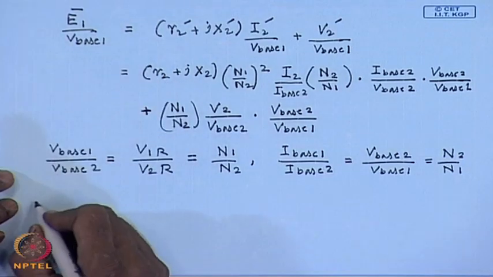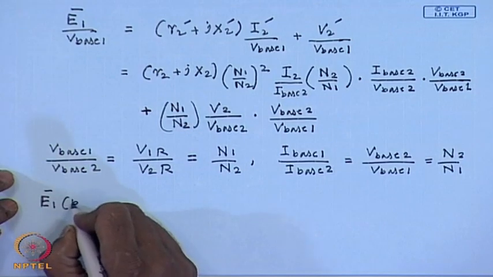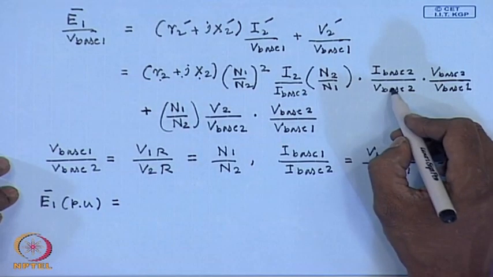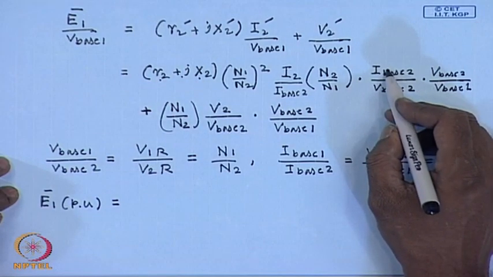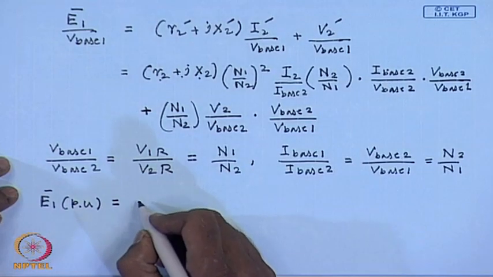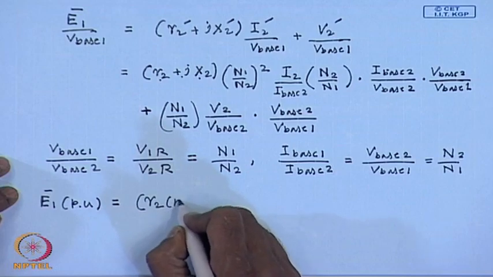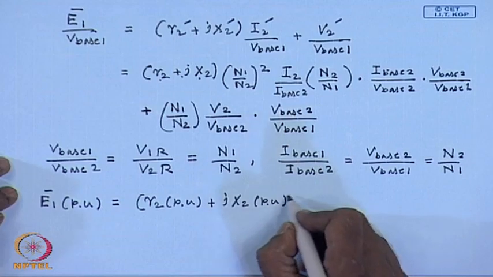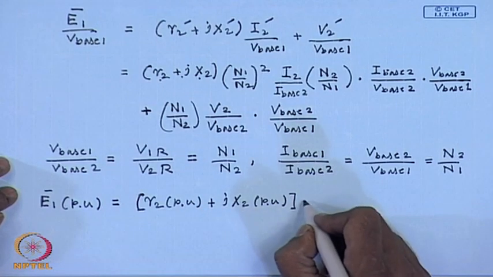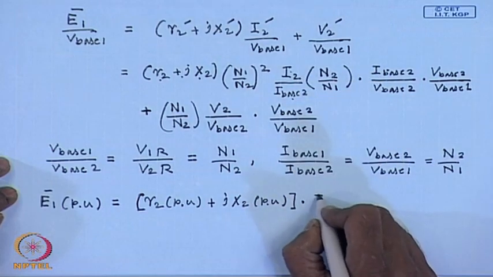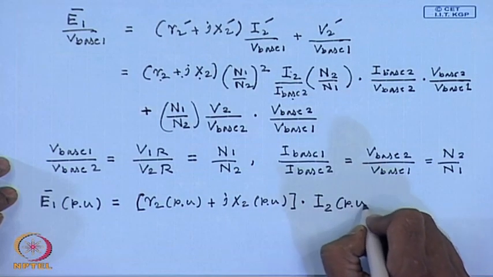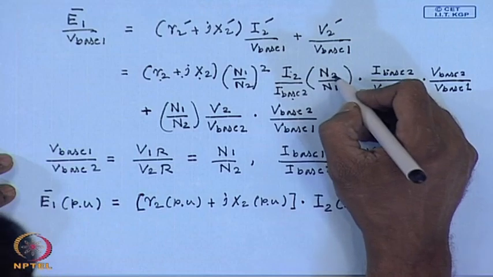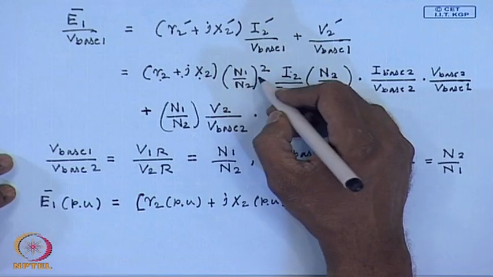we have E 1 per unit equal to R 2 plus J x 2 divided by Z base 2, that is R 2 per unit plus J x 2 per unit multiplied by I 2 by I 2 base is I 2 per unit. n 2 by n 1 cancels with 1 of n 1 by n 2 square.